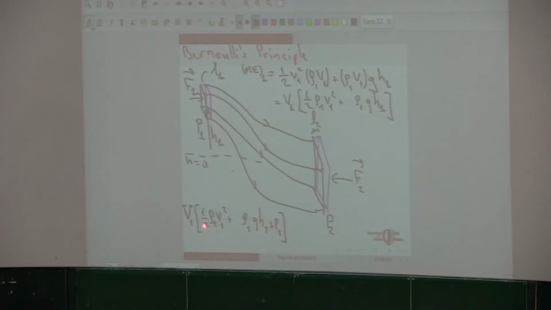Whatever its value is over here, it should be the same over here. With the incompressibility condition that the volume over here equals the volume over here, the quantity in parentheses should have the same value over here.